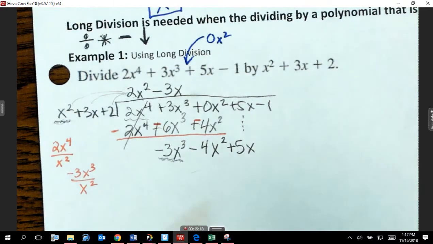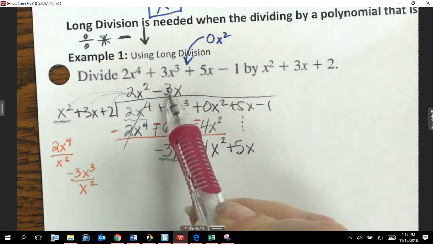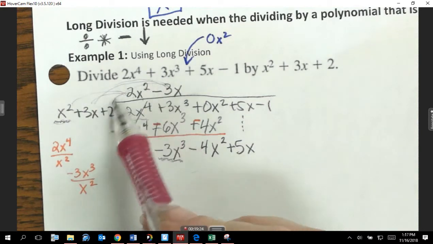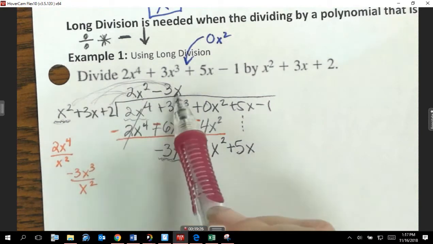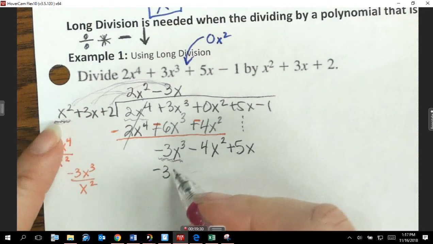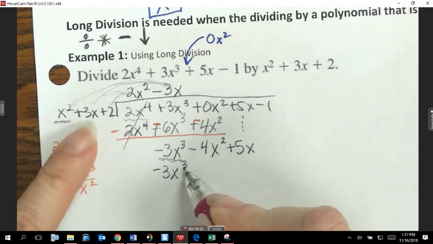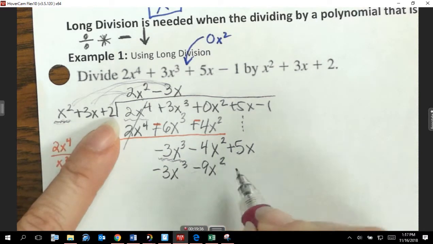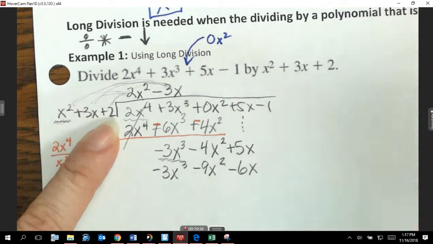Multiply. Okay, so I'm going to multiply this negative 3x, and I'm going to distribute it to all three terms out here. So I get negative 3x times x squared, negative 3x cubed. I get minus 9x squared, and I get minus 6x.